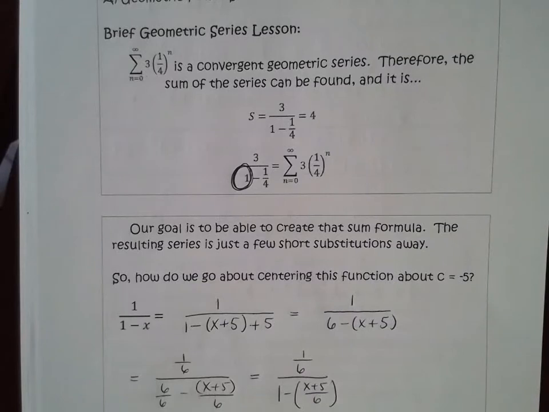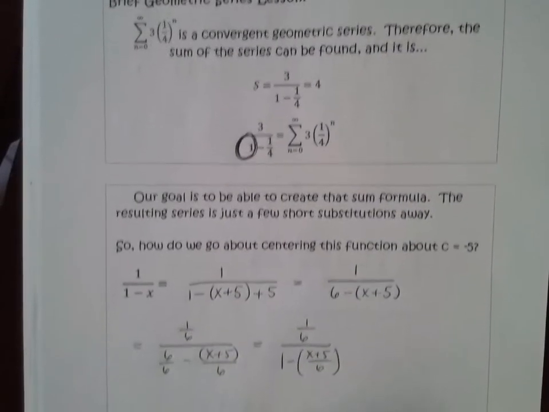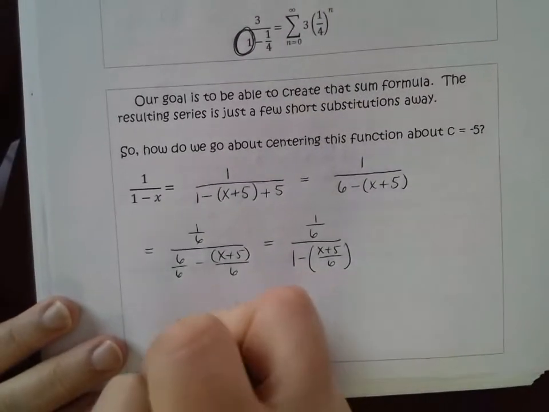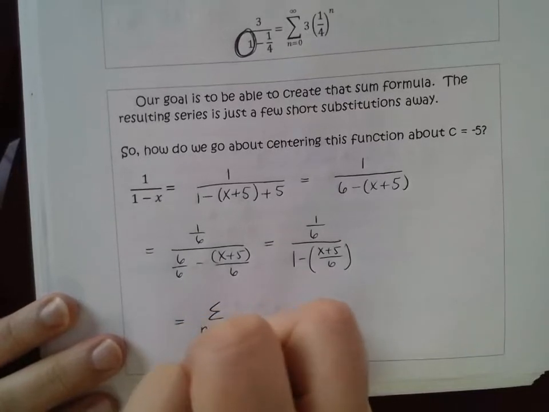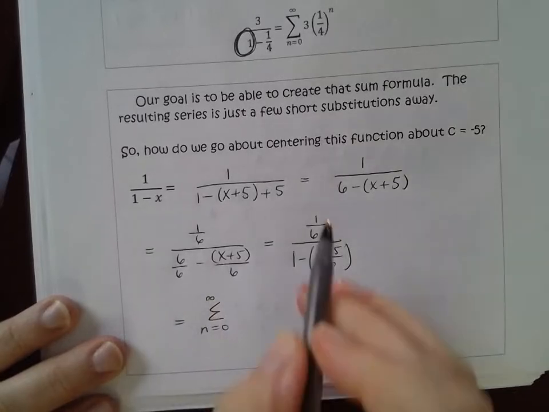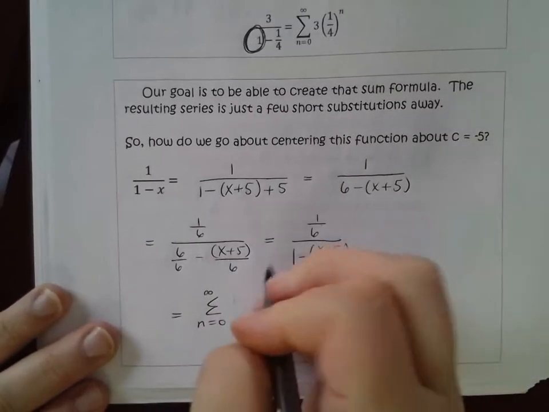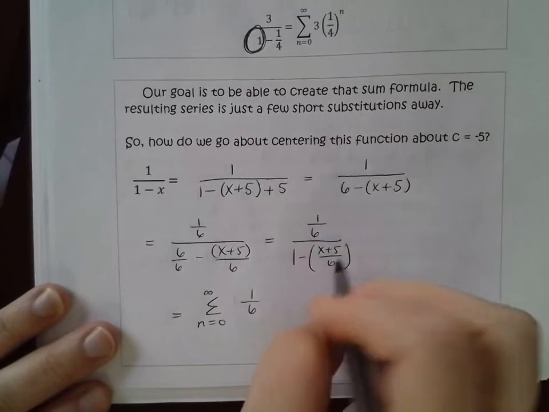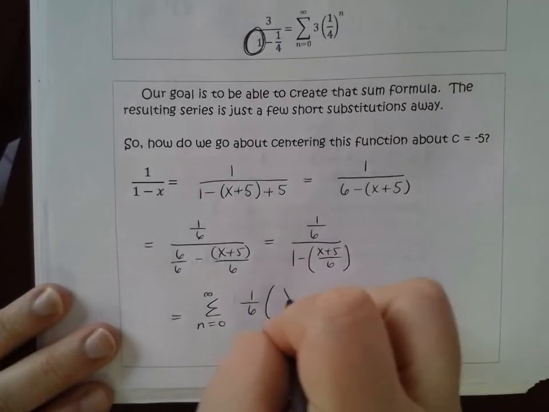Now I have what I can rewrite as a geometric series, knowing that geometric series start at 0 and go to infinity. The numerator is my a value. What's in parentheses is my r value.